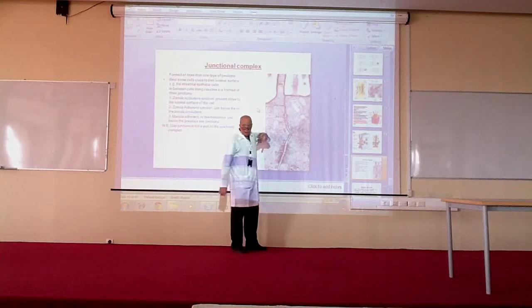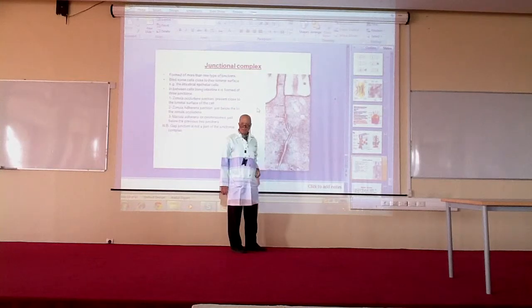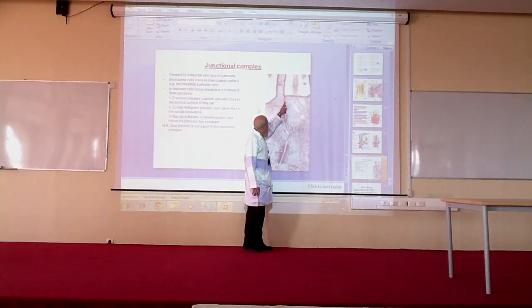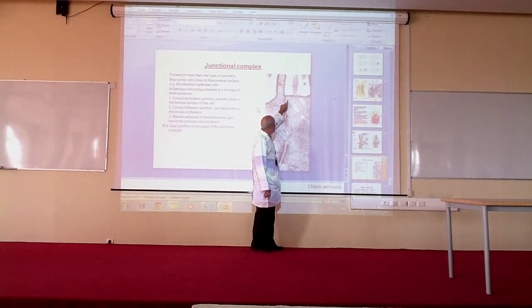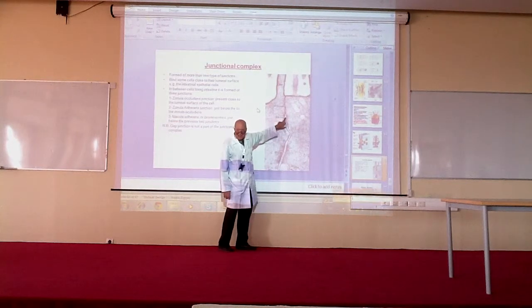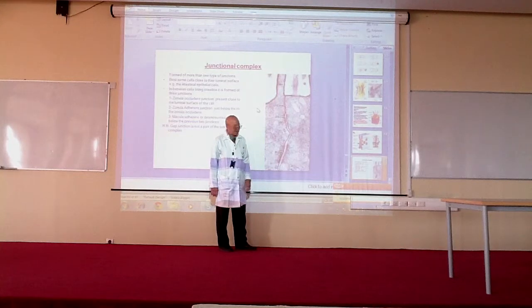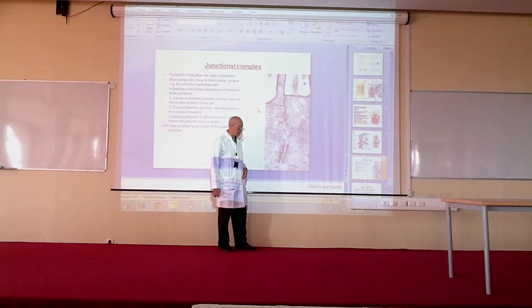Close to the cell surface, you may find zonula occludens, to close the space in between the cells, so nothing can pass in between the cells, but has to be transported through the cytoplasm by endocytosis. Next, zonular adherent junction. Next, gap junction. This is the desmosome, but usually gap junction.